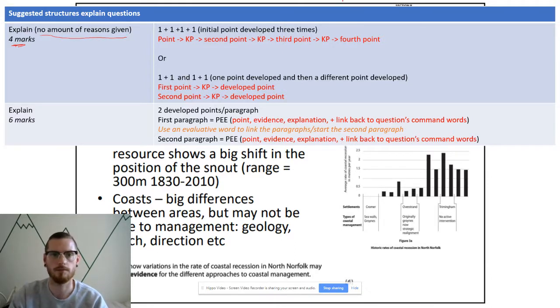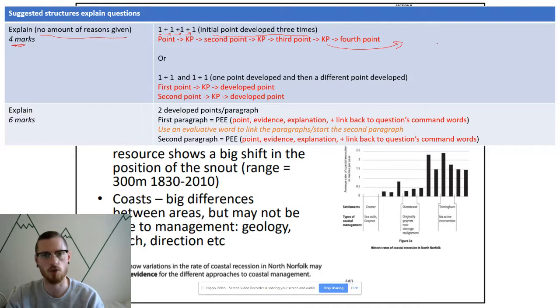That's this structure. You make a point, initial point, and then you add to it, and you add to it, and you add to it. So you are taking an initial point and you're developing it 3 times. Point, key phrase, second point, key phrase, third point, key phrase, fourth point.